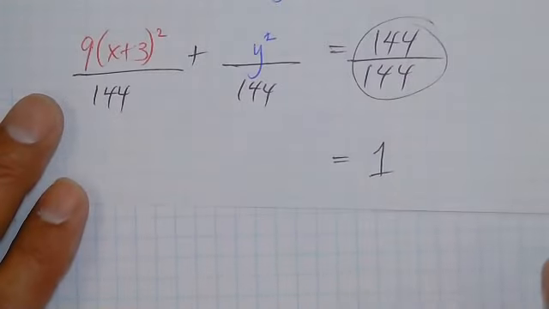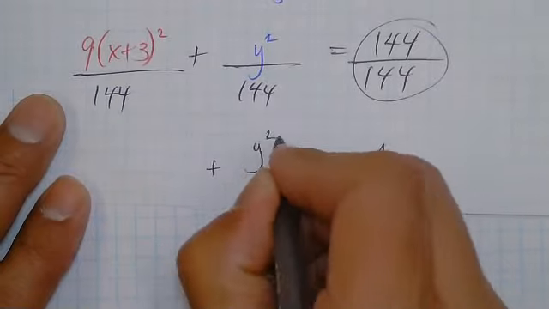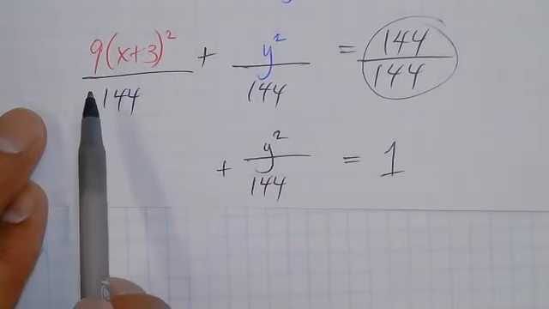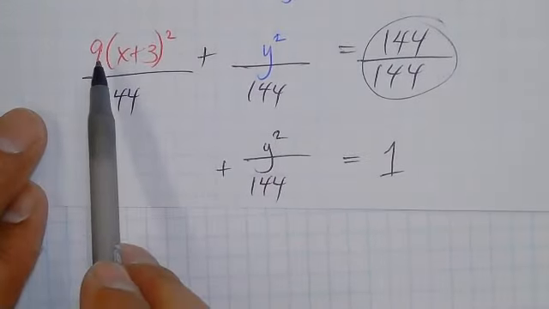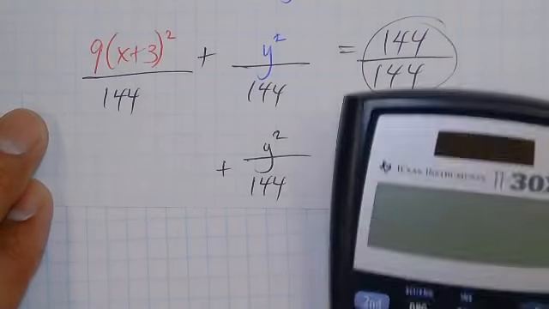Okay, anybody got the final equation? I know it's going to equal 1 because that's what I need to do there. 144 divided by 144 is equal to 1. There is nothing to reduce here. This part's good. Y squared over 144. That's good. Anybody can tell me what something times 9 is exactly?